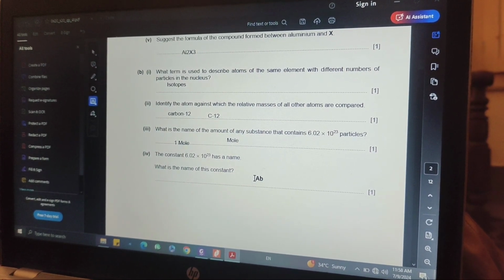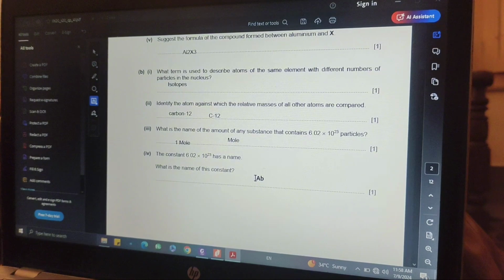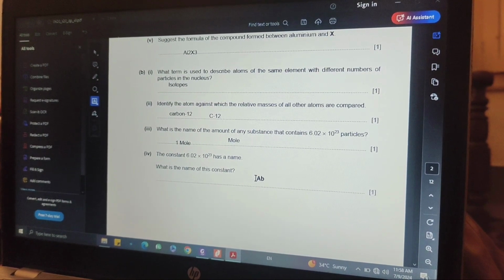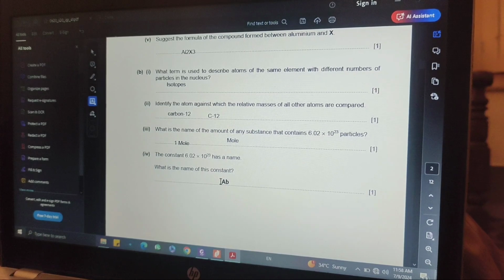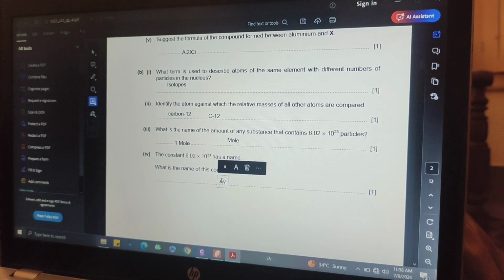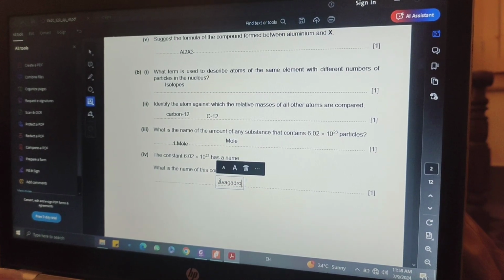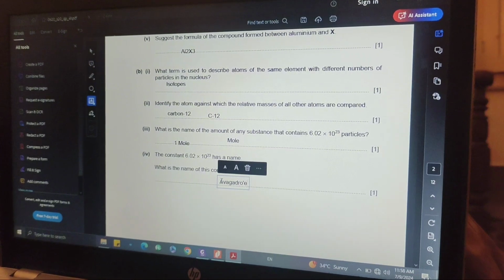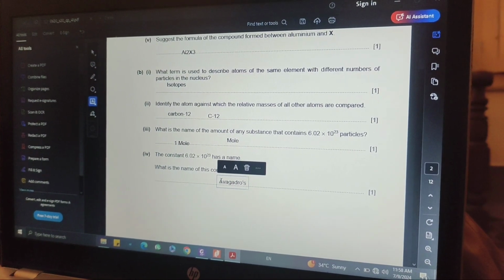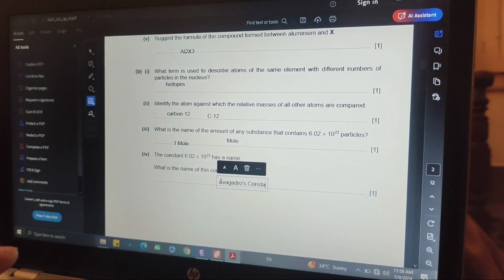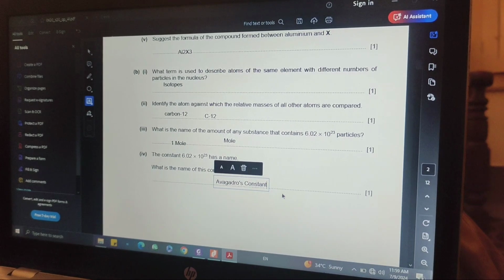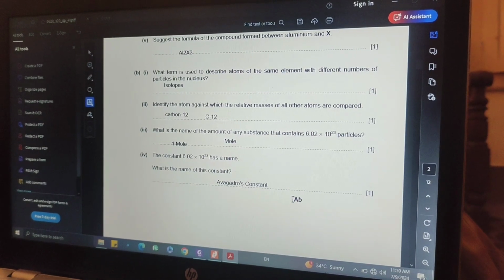Either way it is correct. The constant 6.02 times 10 to the power 23 has a name. What is the name of the constant? So you might know it as Avogadro's constant, or we say Avogadro's number.